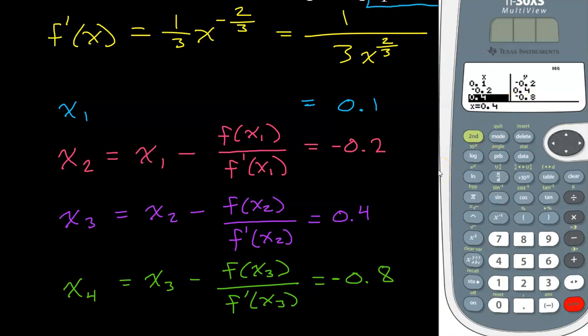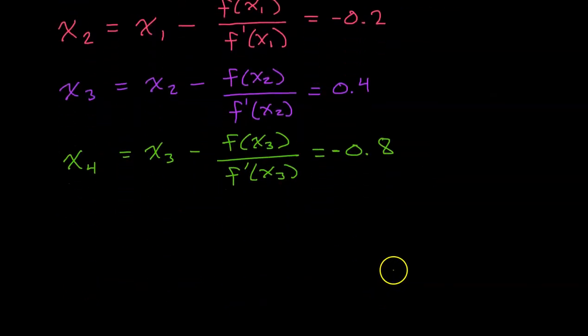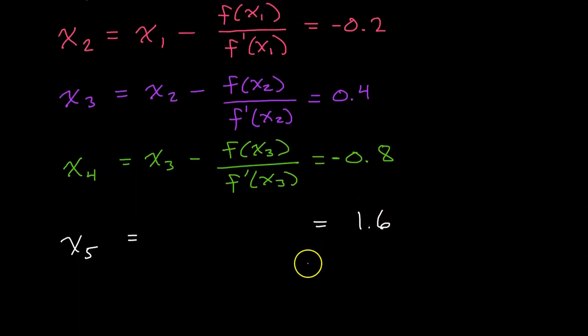Now that you see that pattern happening, we could go on, and you could bet that x5 would be positive, because that's the next one. You could bet that x5 is going to be positive 1.6, and so on.